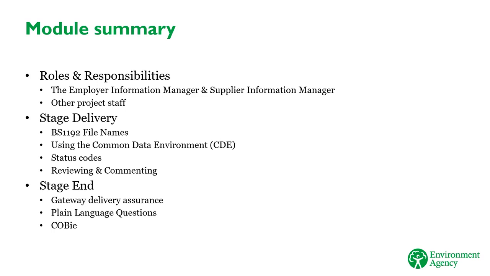You learned about answering the plain language questions and that you need to receive a verified COBie file to complete the stage. Finally, you learned how to use the BIM Maturity Assessment tool to evaluate the adoption of BIM in your projects and how to calculate the cost saving during a stage that results from using BIM to deliver the project. There will now be a short test on what you've learned in this module.